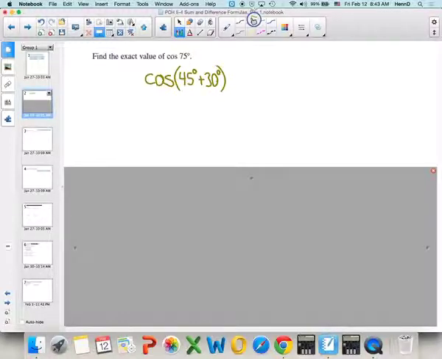You could also do a subtraction one if you wanted to, like 120 minus 45. You could use the subtraction formula. But here we have cosine of 45 plus 30.